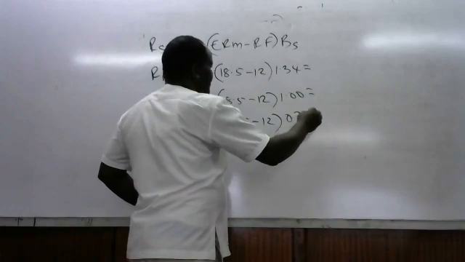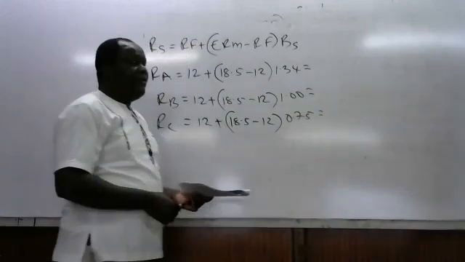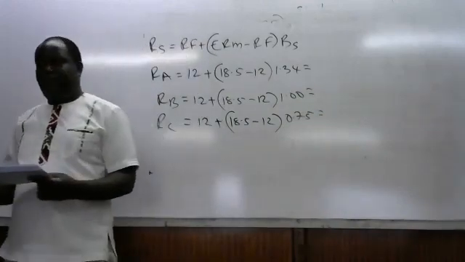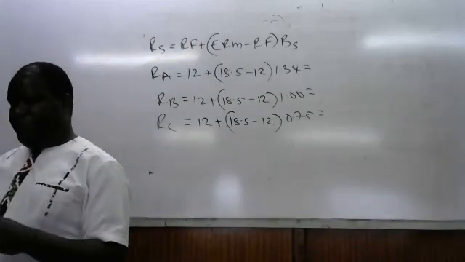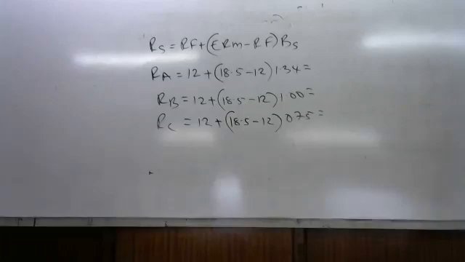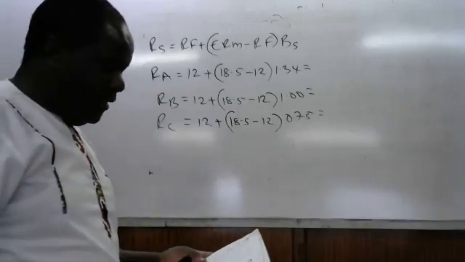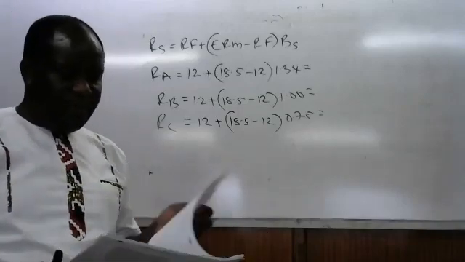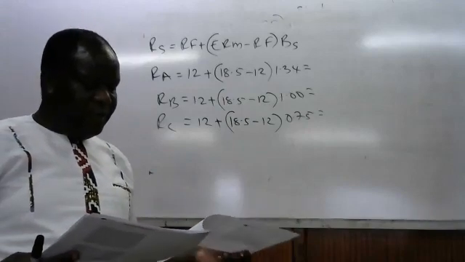The beta factor is 0.75. So that now we are given the returns of each security, to be able to give you the return for each security.